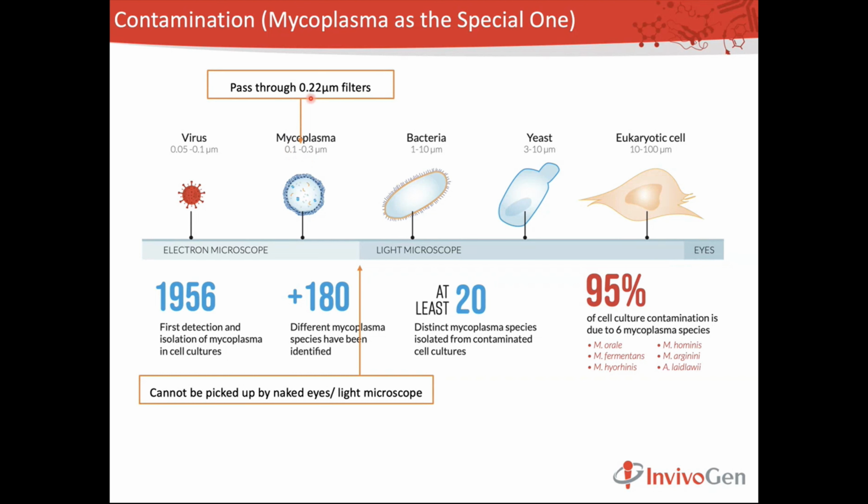Filters have no effect on them whatsoever. So it cannot be detected easily and it cannot be prevented easily. That's why we need to set up special ways to detect and eliminate Mycoplasma.